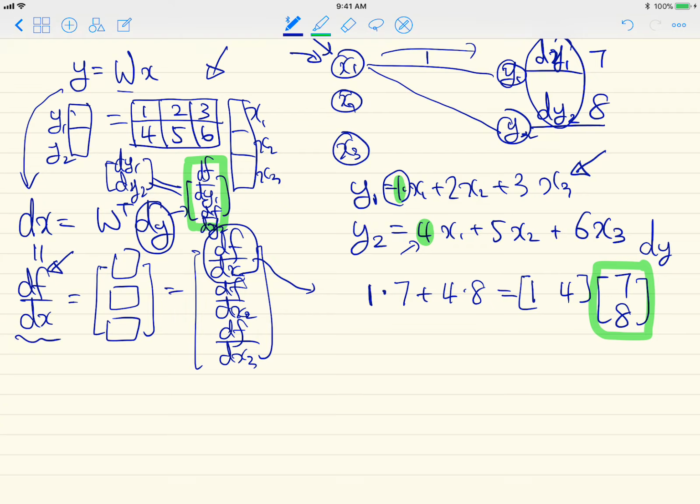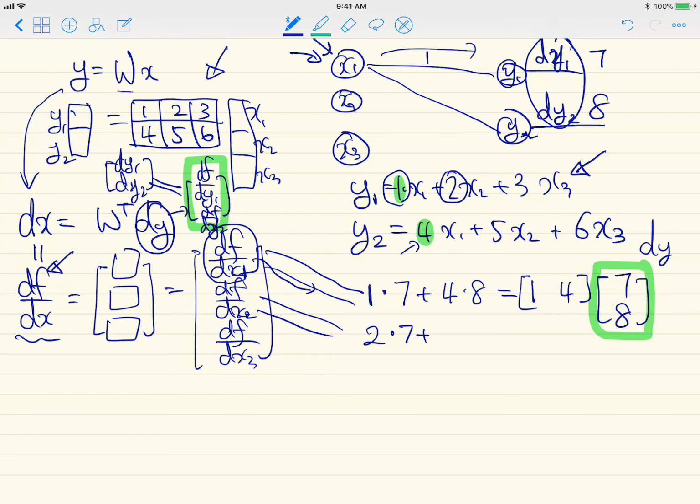Okay, and then this one is this guy, df over dx1, right? And then what about this guy, partial derivative with respect to x2? So you get the idea now, and it will be 2 times 7, right?